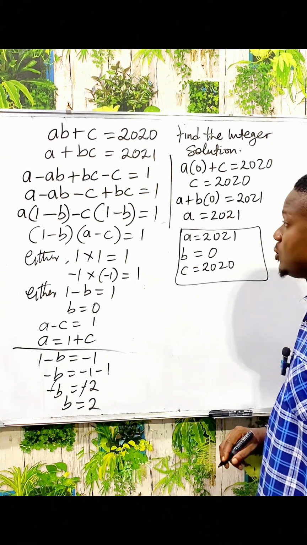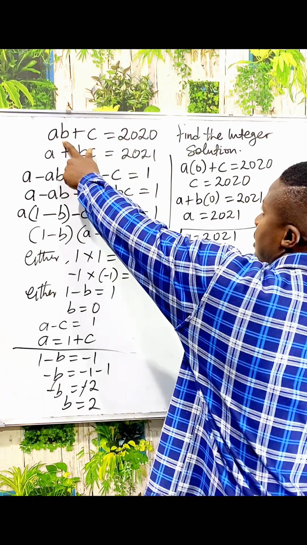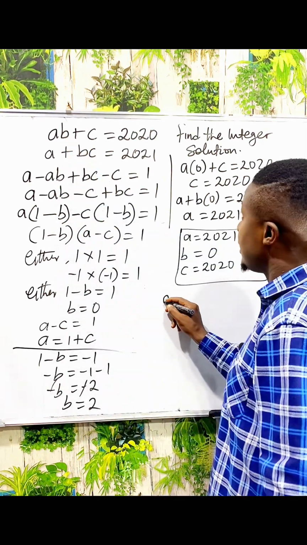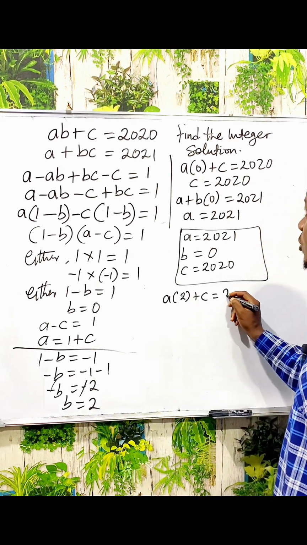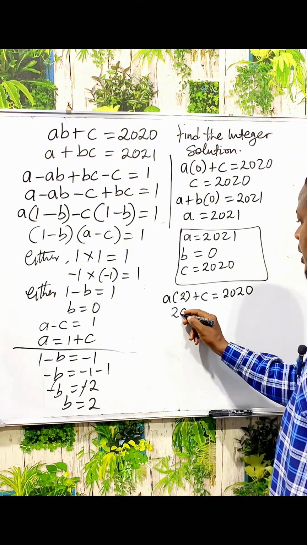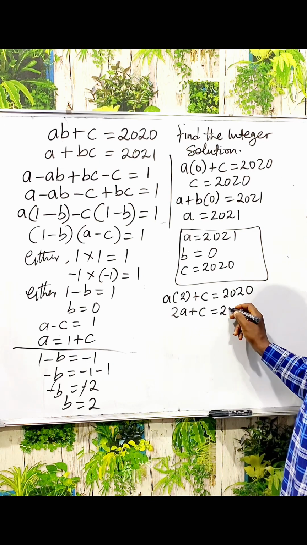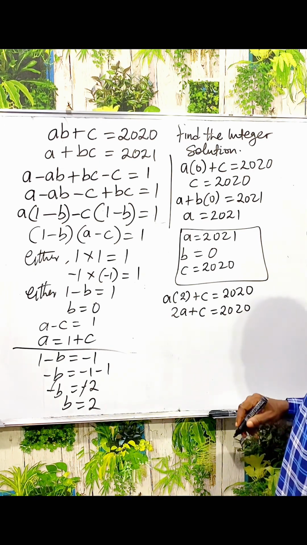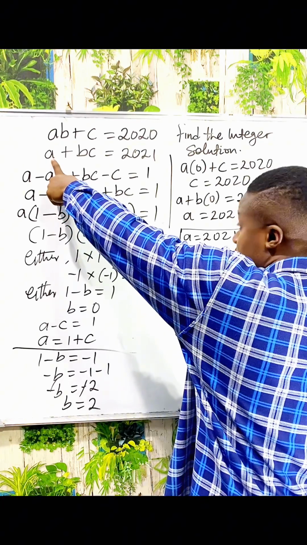If B is 2, let's see what happens here. When B is equal to 2, you put 2 for B. You will have A times 2 plus C is equal to 2020, meaning that 2A plus C is equal to 2020. Also, let us put B as 2 in equation 2.